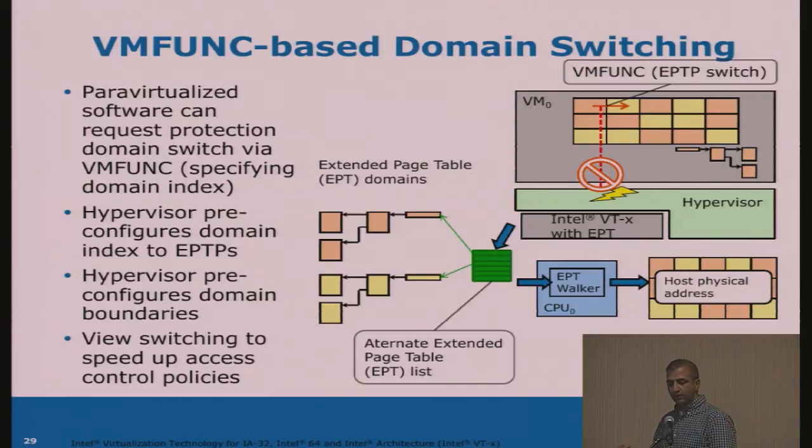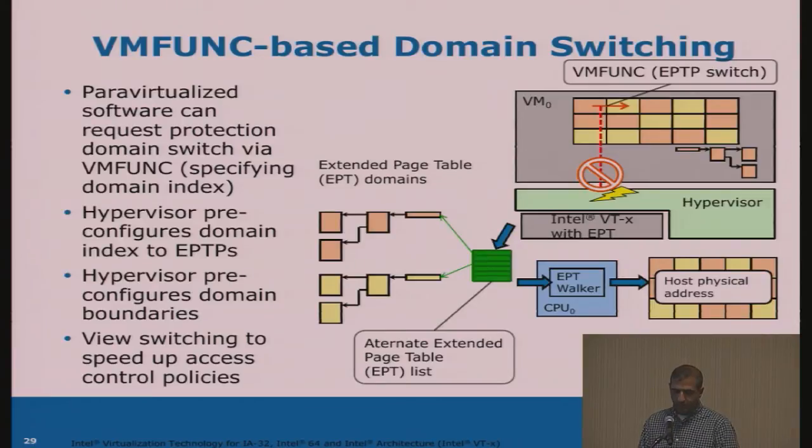The policy is encoded at install time or at protection domain creation time by the hypervisor, where otherwise with legacy architecture, it would be taking an exit and applying that policy: hey, is this entry happening on this code in this code page, then allow that access to go through.